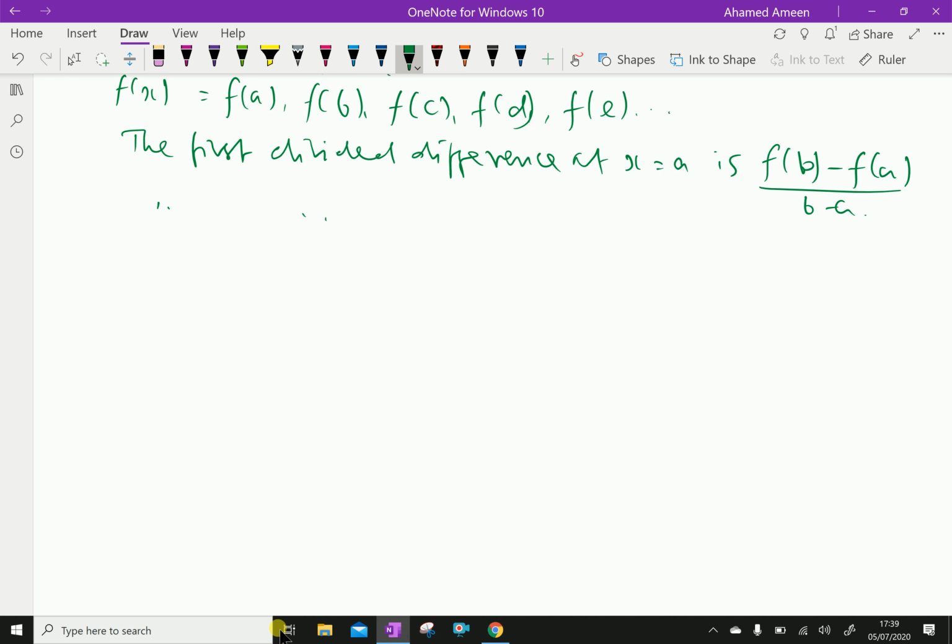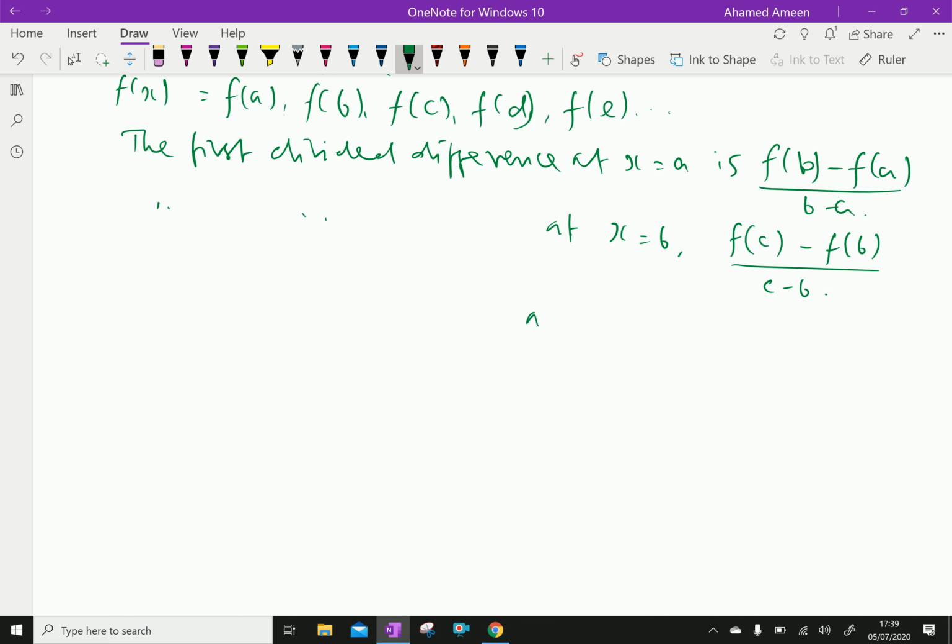The first divided difference at x equal to b is f of c minus f of b over c minus b, and it continues for other values.